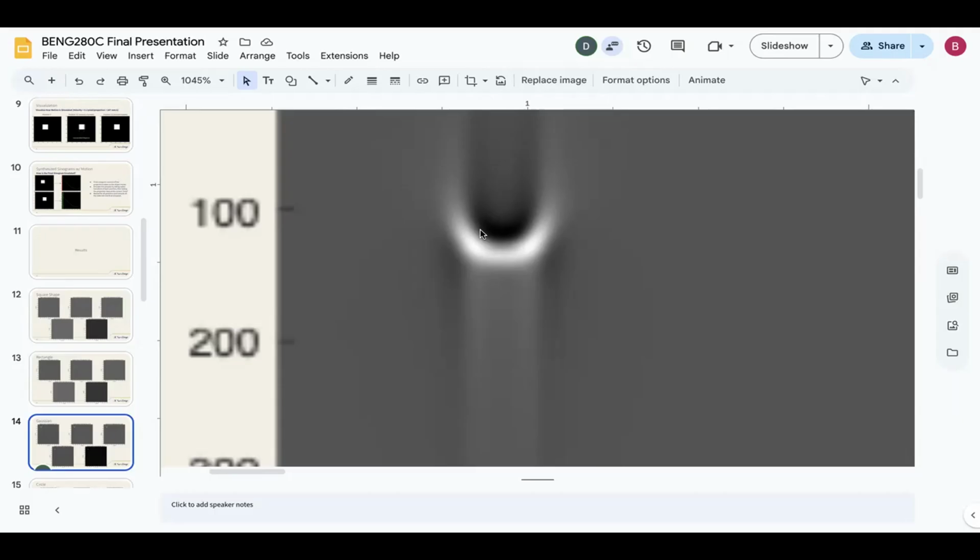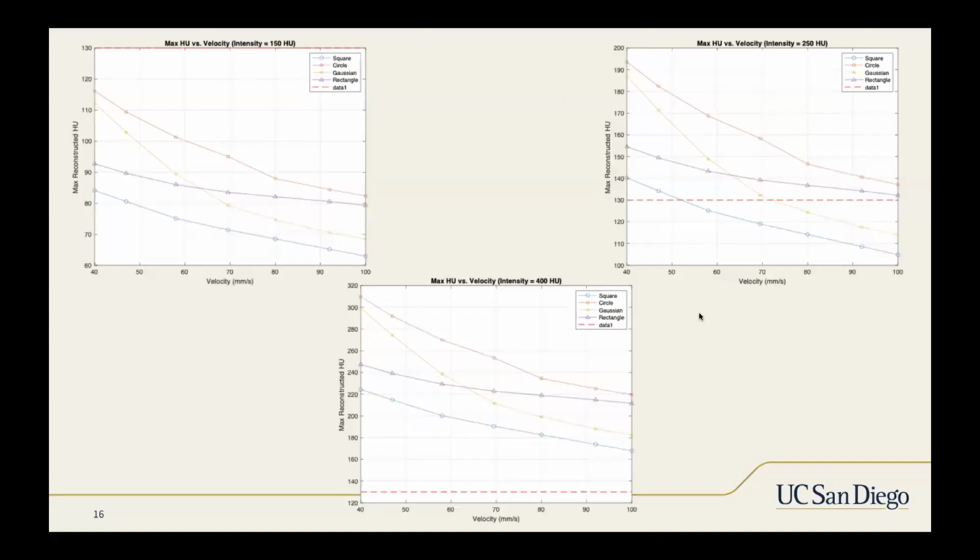And okay, that's great. I guess Diana, you're going to talk about how bright this smiley face thing is. At what point would your reconstructed image drop below 130, which is the threshold for calcium detection? So this is 150.